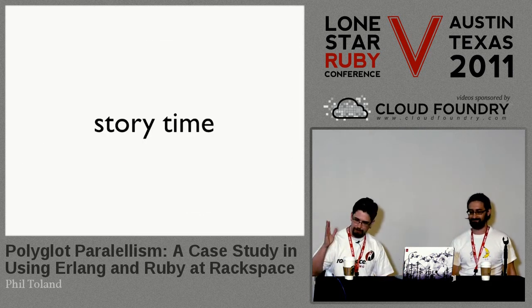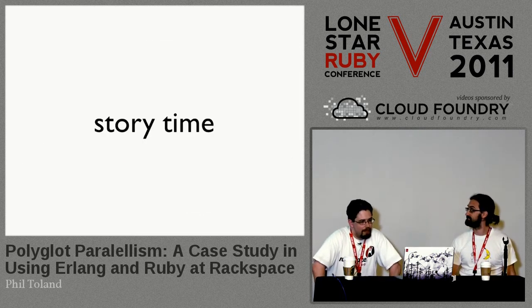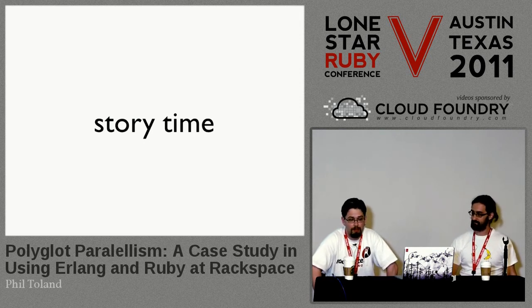So, quick story time. We had a situation a little while back where our production instance of this application was deployed on 2 VMs, and one of them kept crashing. And we couldn't figure out what was going on. Ultimately, after doing a lot of testing, we figured it had to be something about that VM.